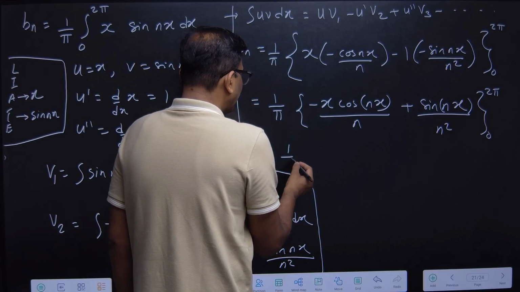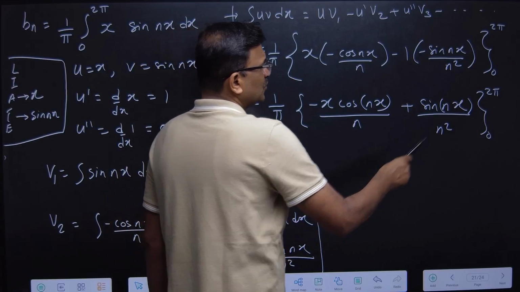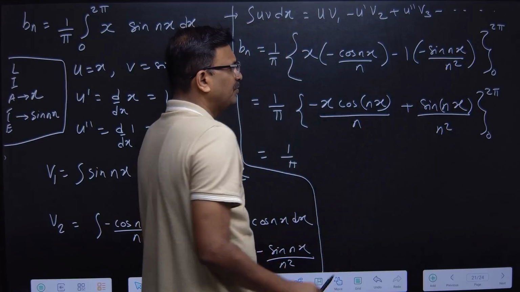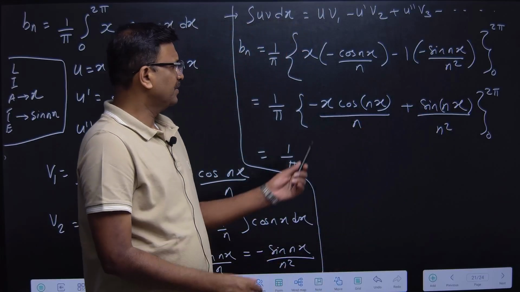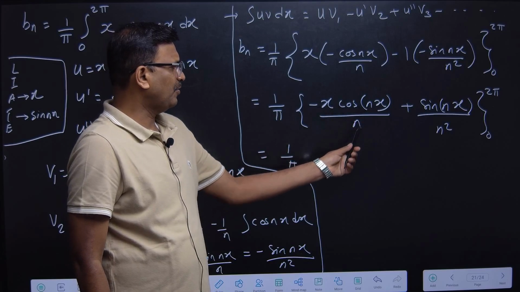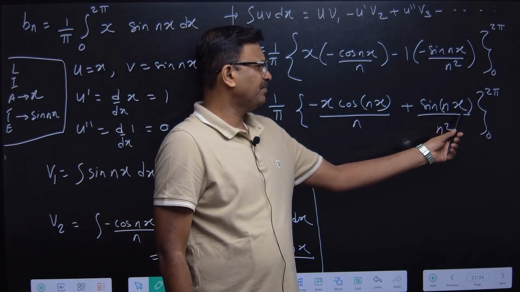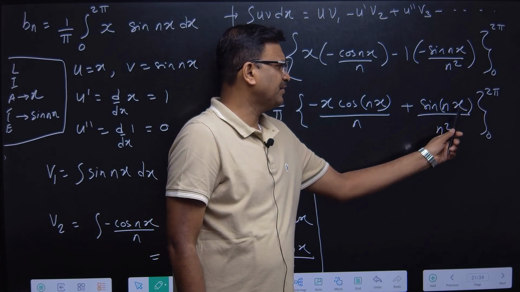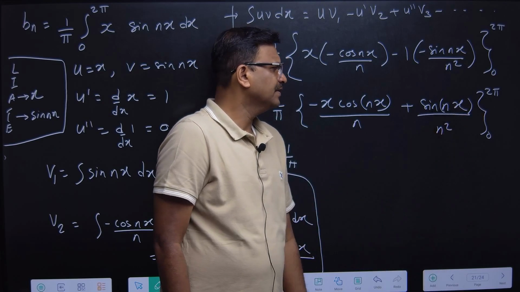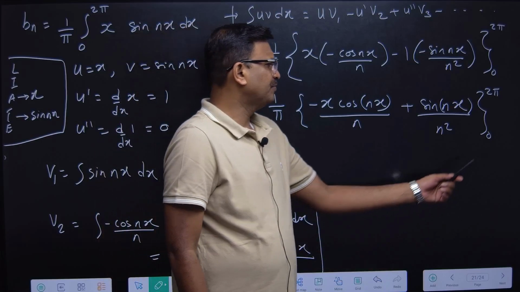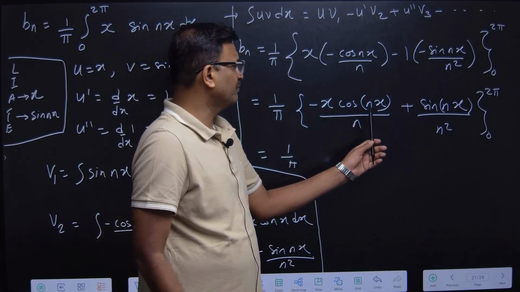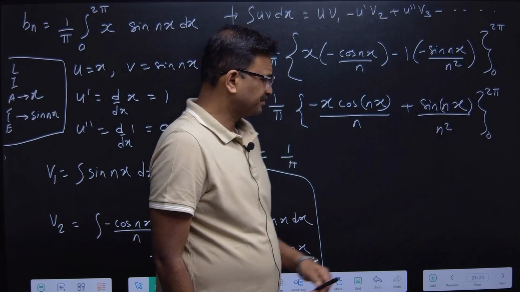First, if you put the upper limit 2 pi in place of x, so wherever there is x here, we'll put the upper limit 2 pi. So it will become minus 2 pi into cos 2n pi upon n plus sine of 2n pi upon n square. In place of x, if you write 2 pi into n will become 2n pi, minus the lower limit. Then if you put 0 in place of x, 0 into cos 0 will become 0, sine 0 is 0.